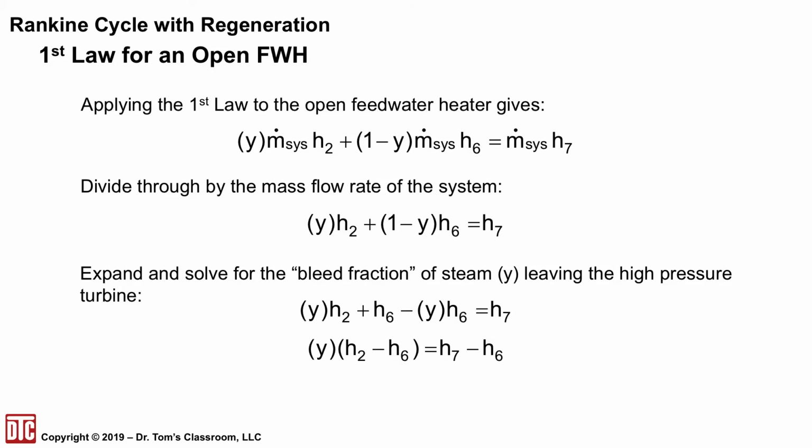So what you can do is collect the terms in y, so you'll have y times (h2 minus h6). Take the h6 to the other side so that you've got h7 minus h6. Then divide through by h2 minus h6 to give us this expression here.